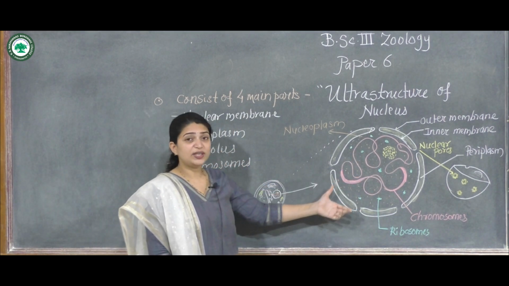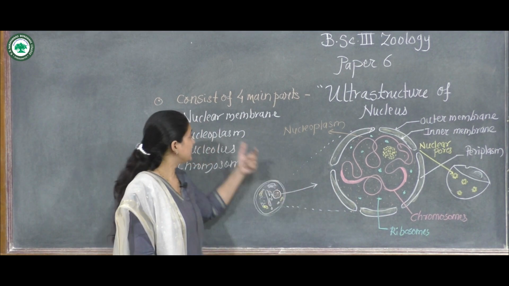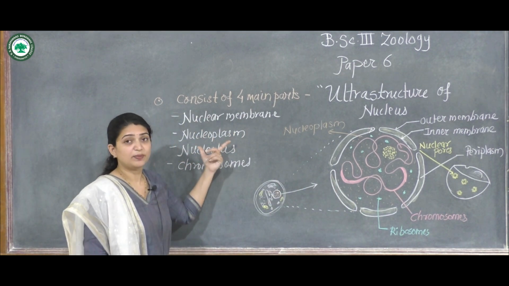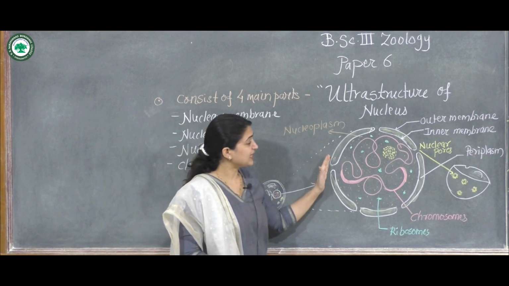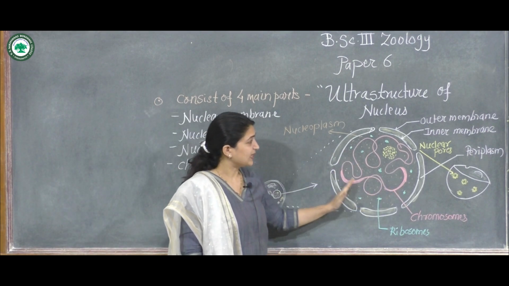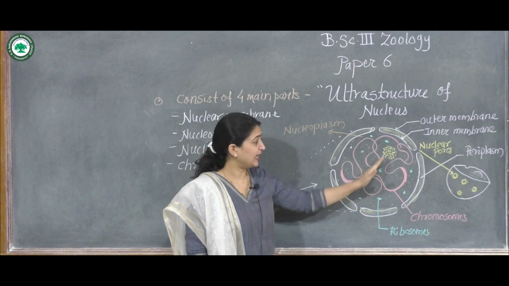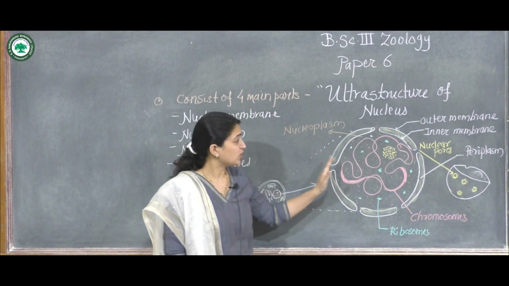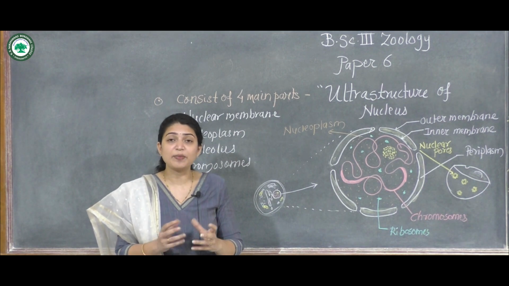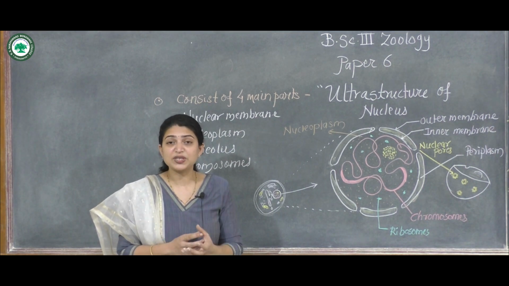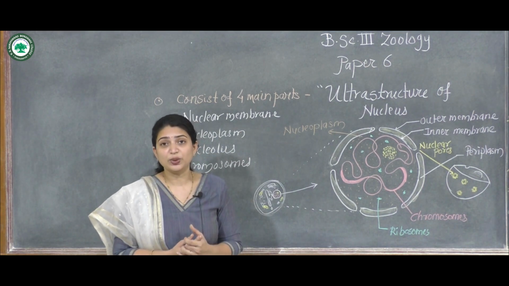After the nuclear membrane, let's move towards the next prominent part, the nucleoplasm. The nucleoplasm is present inside the double layered membrane. It is a gelatinous, semi-aqueous substance present all over the nucleus.